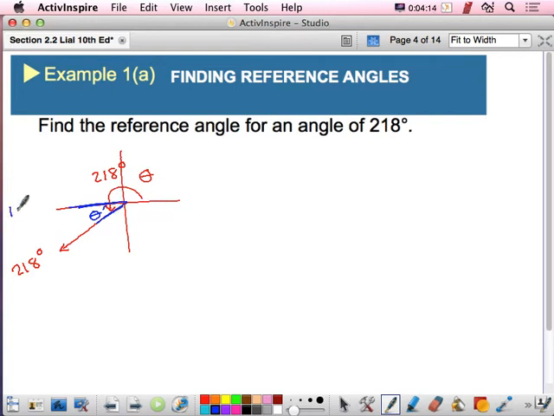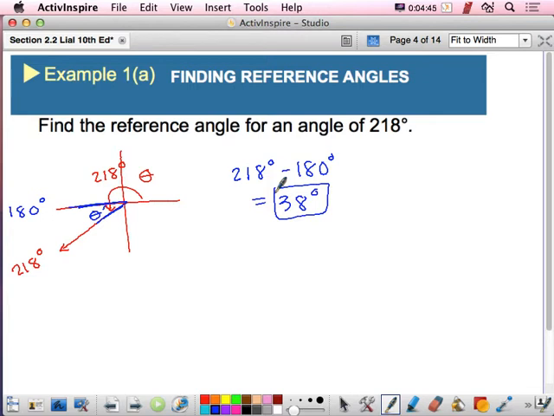If we talk about this as 180 degrees of rotation, I only want the amount trapped in this blue area here. And the way you do that is you just subtract the two. You subtract the mark where you are minus the mark where you're trying to get to, always bigger minus smaller. So 218 minus 180 is 38 degrees.